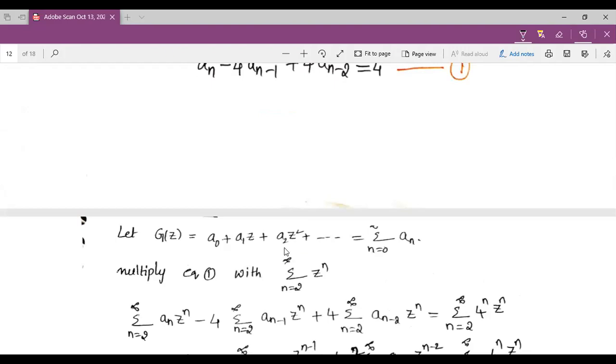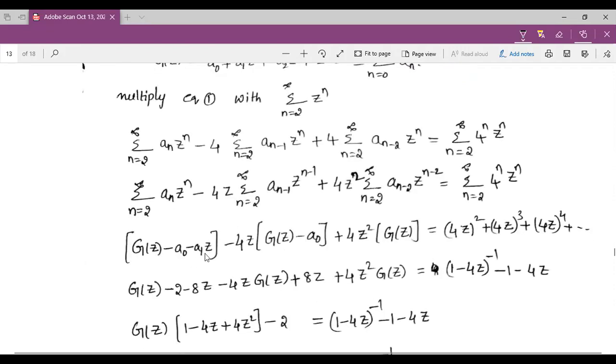So we write g(z) minus a0 minus a1 z, minus 4z into g(z) minus a0, since here the series starts with a1. So the left side becomes g(z) minus a0 minus a1 z minus 4z times (g(z) minus a0) plus 4z square g(z), that is equal to the expansion with n starting from 2.